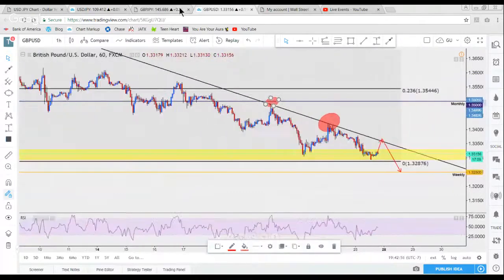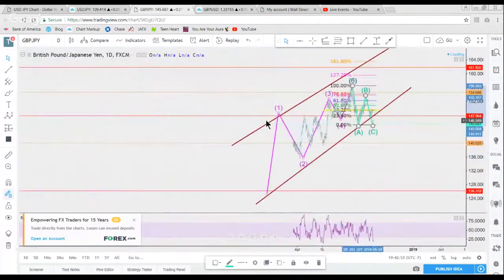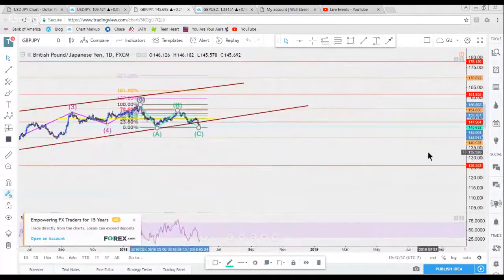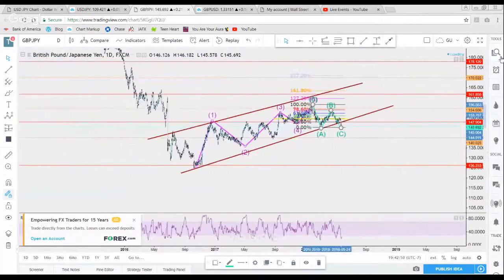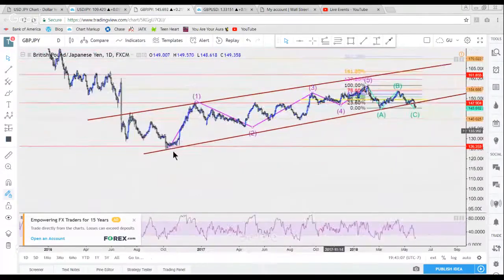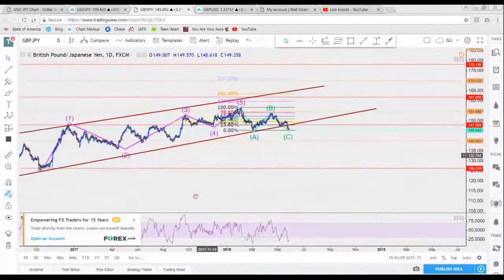Okay, on to GJ. GJ is a different little monster too. So I got my zones together. I'm looking at the weekly and monthly chart, and I went ahead and did my little wave thing and the corrective wave.